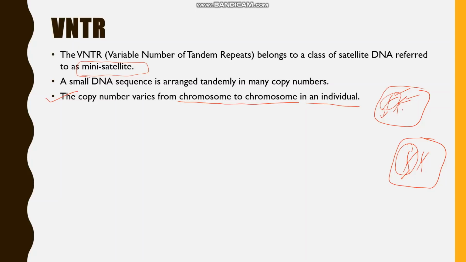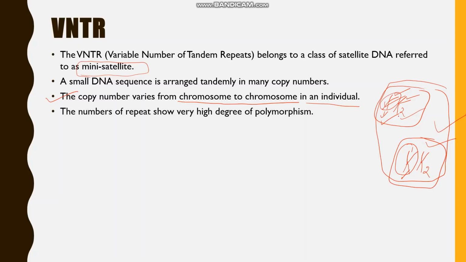And the VNTR sequence found in the second chromosome is exactly similar to that of the second chromosome, because both these cells belong to the same individual. So within the cell, the chromosomes consist of different VNTR sequences, but the specific chromosome found in all the cells consists of the same VNTR sequence. So the copy number varies from chromosome to chromosome in an individual within the cell.